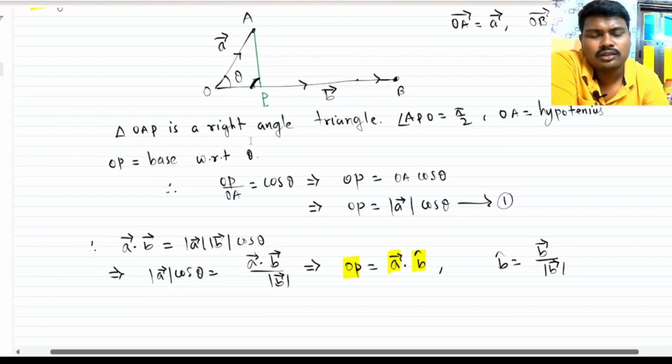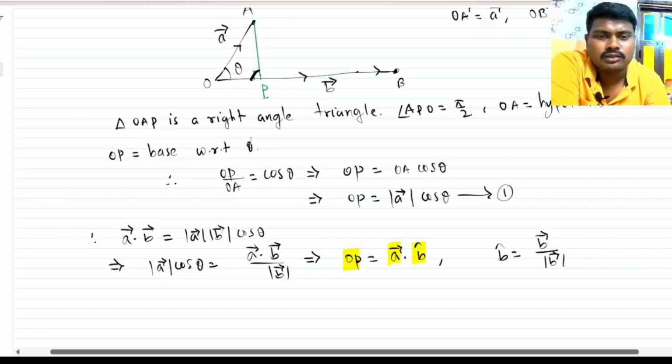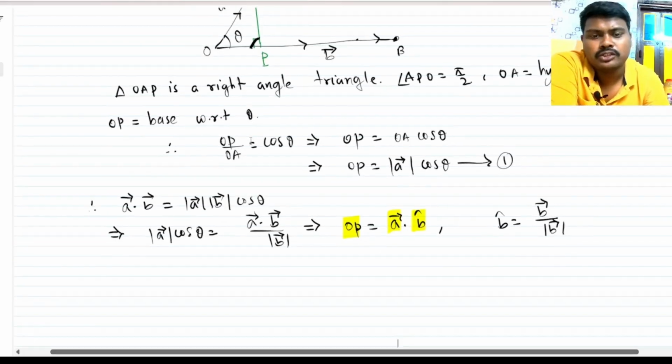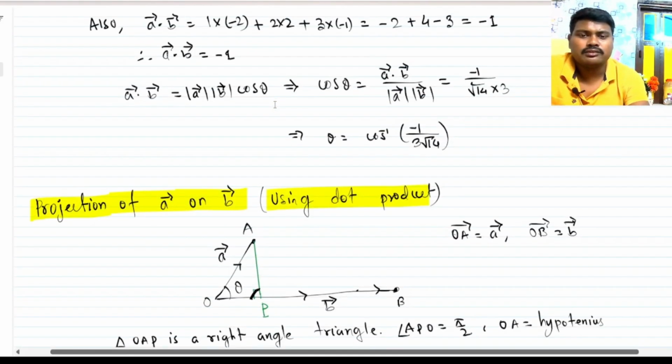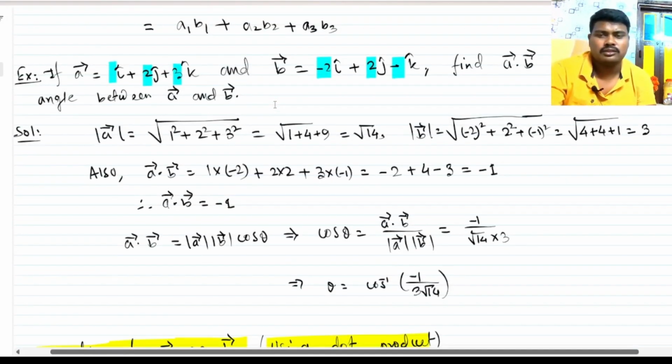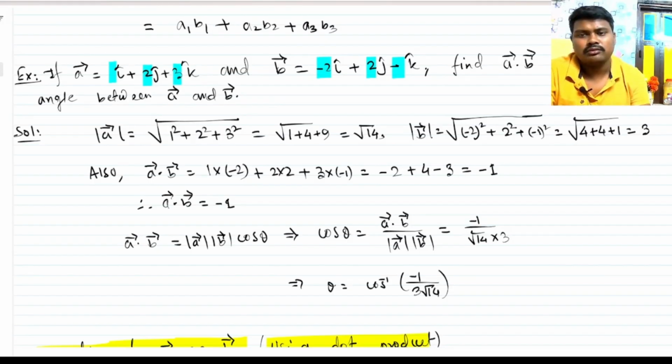Now we solve one problem where we have to evaluate the projection of a vector. In the previous example, we already considered two vectors a and b. Now we take these two vectors.